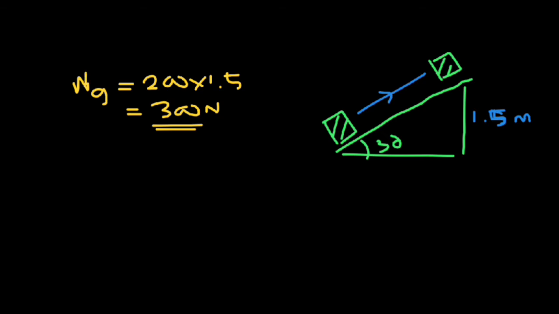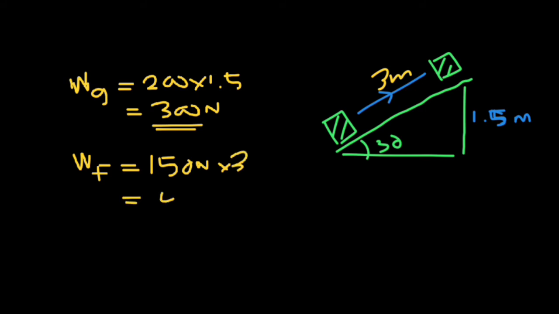And then you have the work done against friction, that is 150 newtons times the distance. You can calculate in a similar manner, it's 3 meters. So you have 450 joules. So correct this as joules.